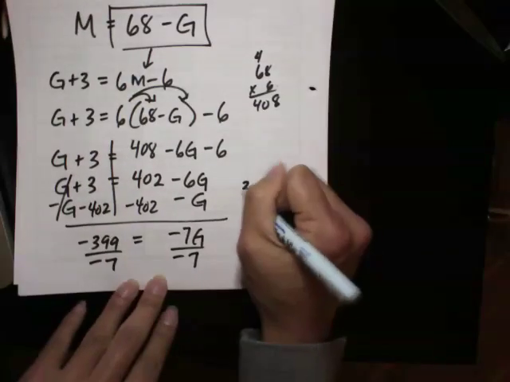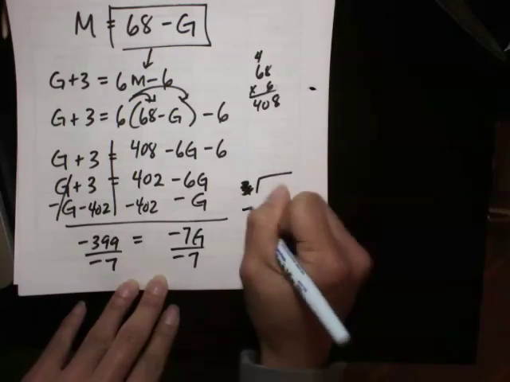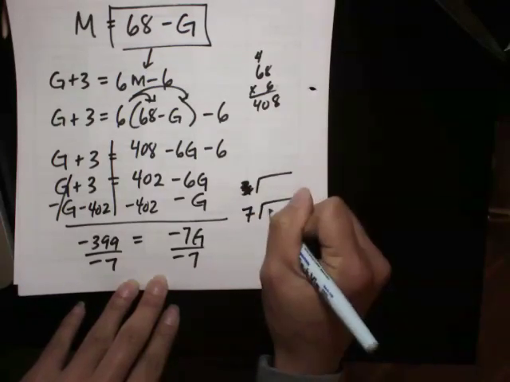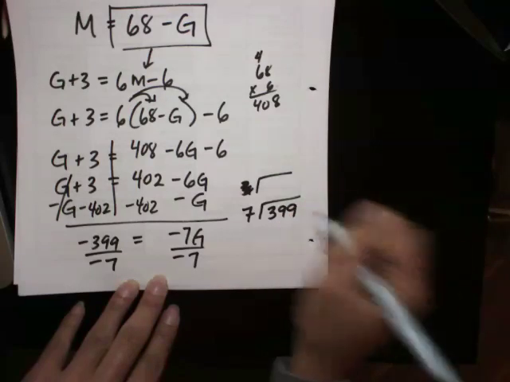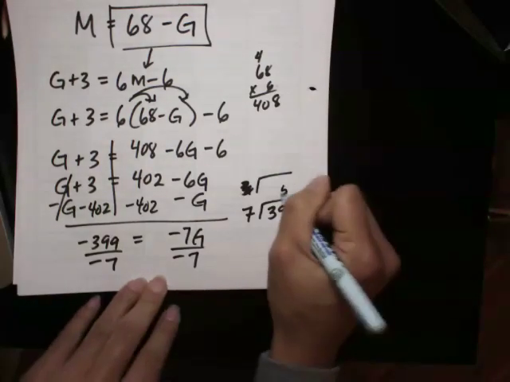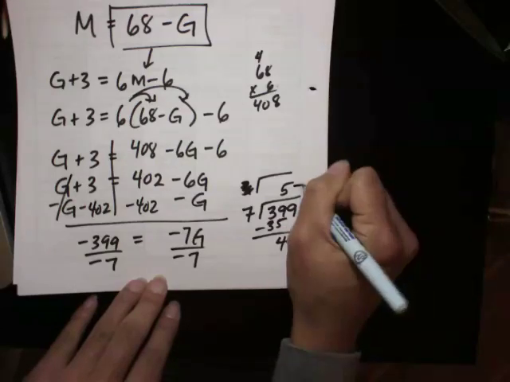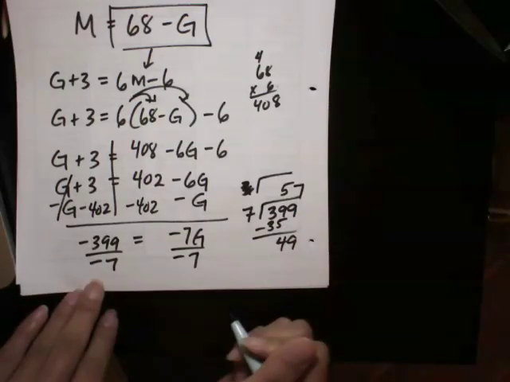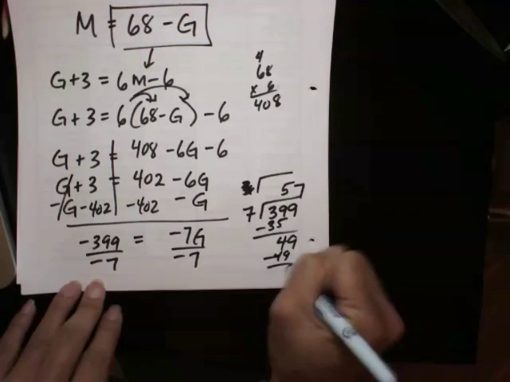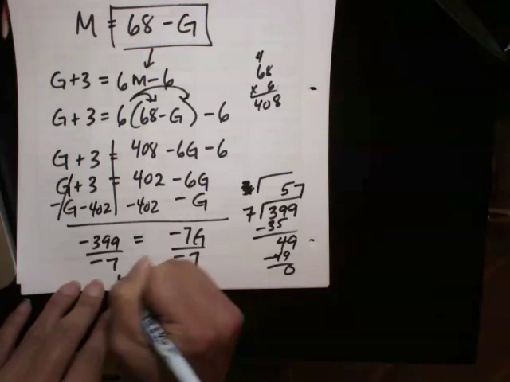So 7 into 399. 7 goes into 39 5 times, 35 with 49 left over, and that goes in a perfect 7 times, so 49. So g here will be equal to 57.